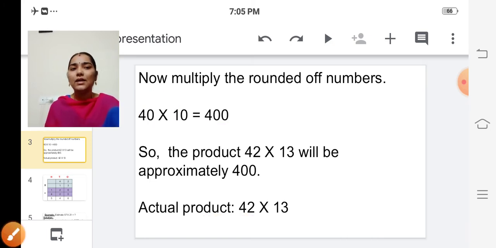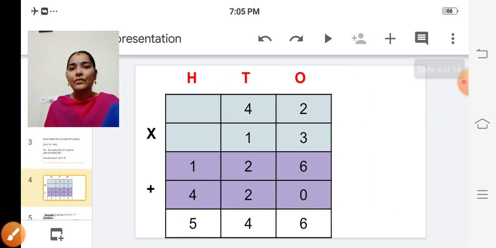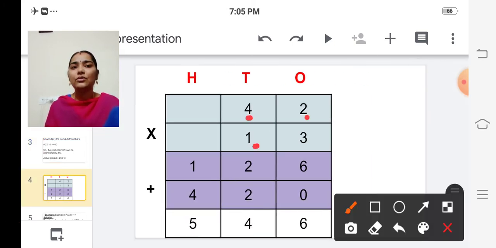42 into 13. In the first step, we have to multiply the multiplicand by the ones digit of the multiplier, isn't it? So start from the right side. Multiply 3 into 2. 3 2s are 6.